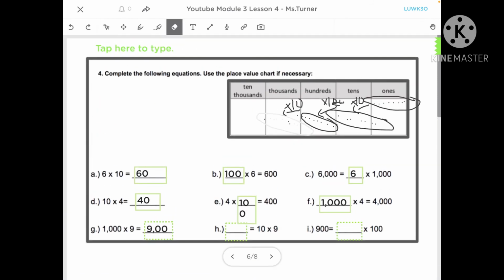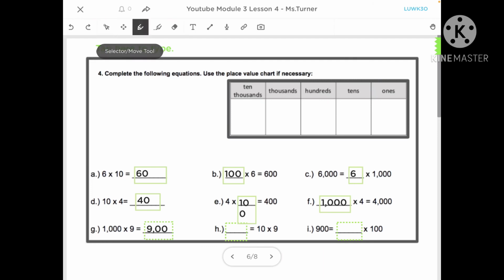All right, and our second to last one, blank equals 10 times 9. So we're trying to figure out what is that product of 10 and 9. Well, I know I have 9 ones. 1, 2, 3, 4, 5, 6, 7, 8, 9. And I'm multiplying by 10, which leads me to the tens place.